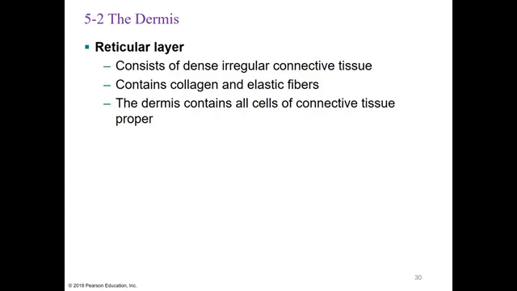The fibers in the reticular layer are specifically collagen and elastic fibers. The dermis contains all cells of connective tissue proper. In Chapter 4, we gave a list of cells that we can see in certain types of connective tissue proper, and what we're saying here is that the dermis has all of those mixed into it.